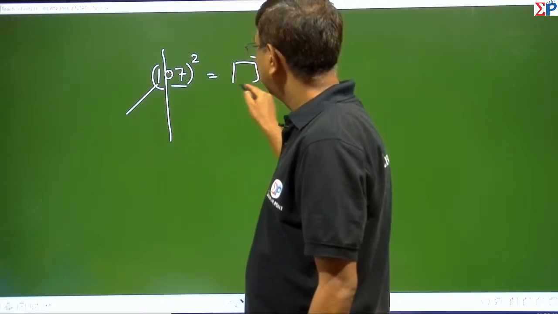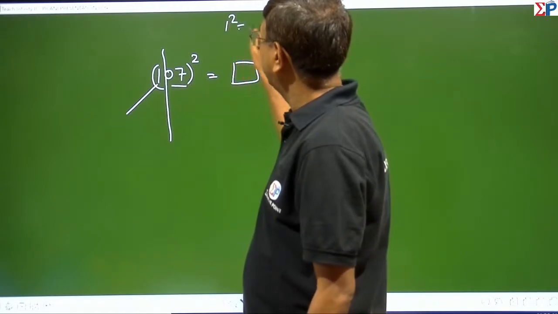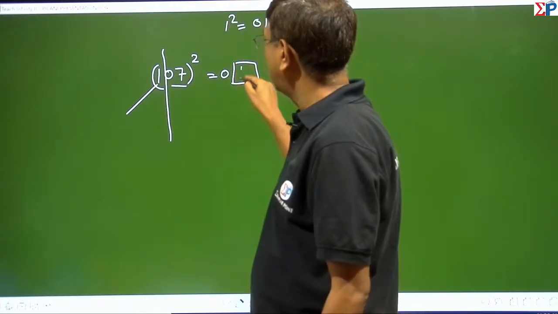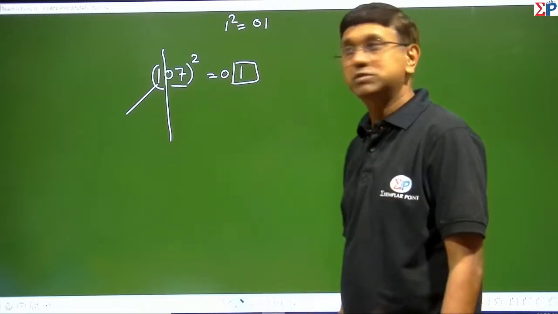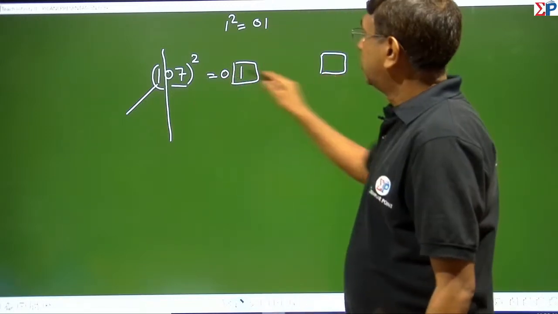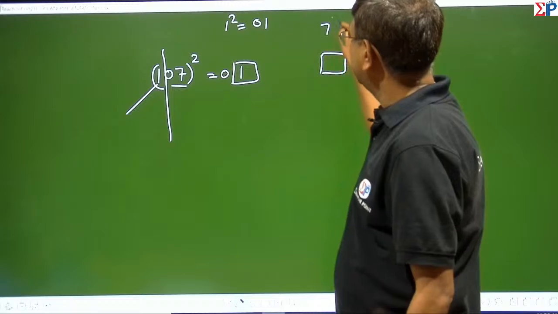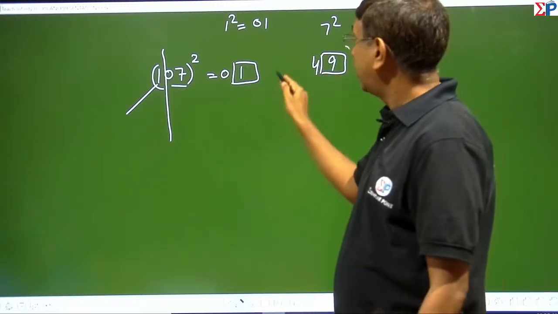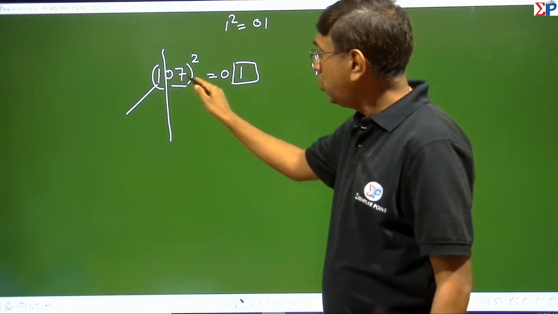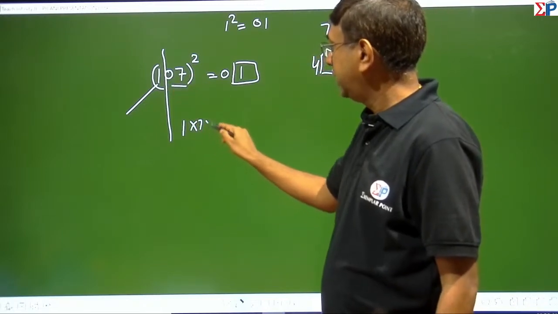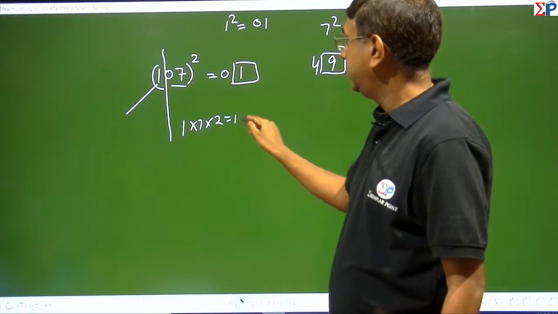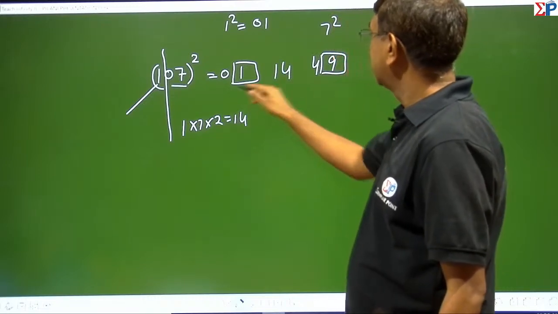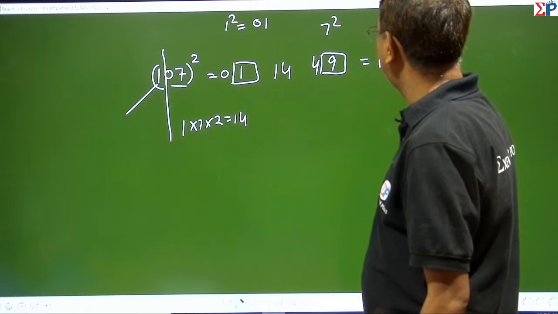What is 1 square? 1 square you write as 2 digits, so you'll get 01. It doesn't make any difference, 0 comes. What is 7 square? 49. So just write 49. And what will come in the middle? 1 into 7 into 2, 14. So just write 14. So your final answer is 11449.